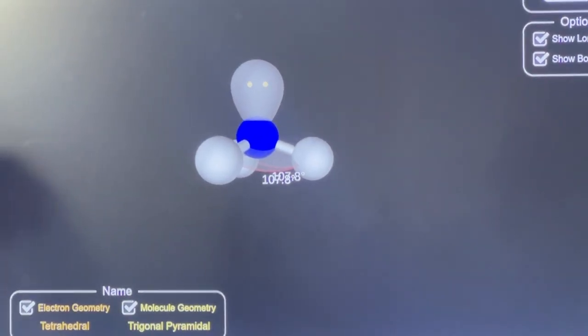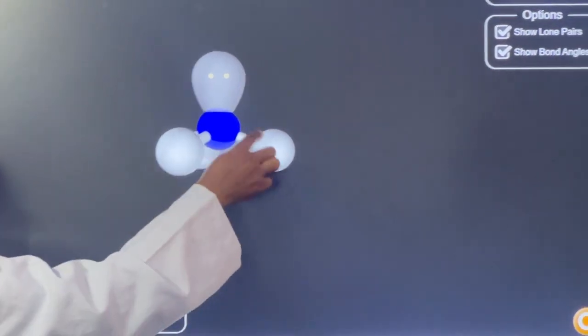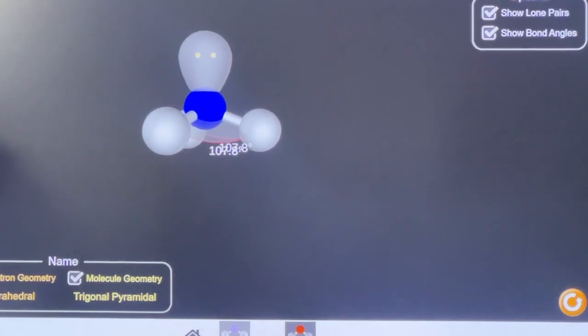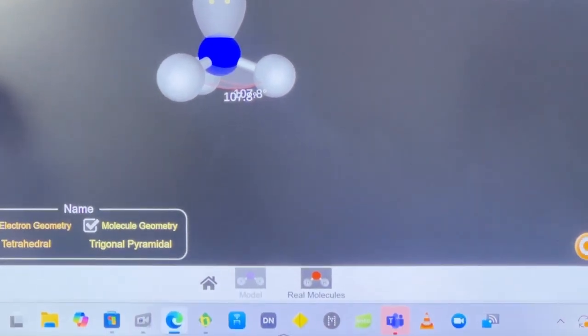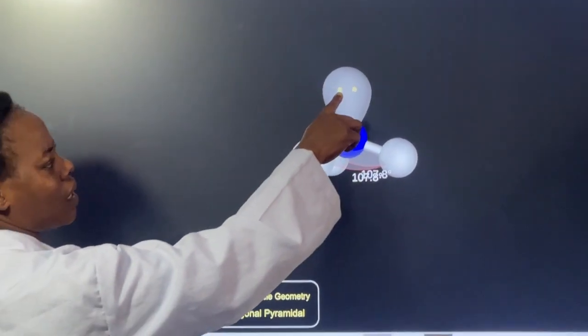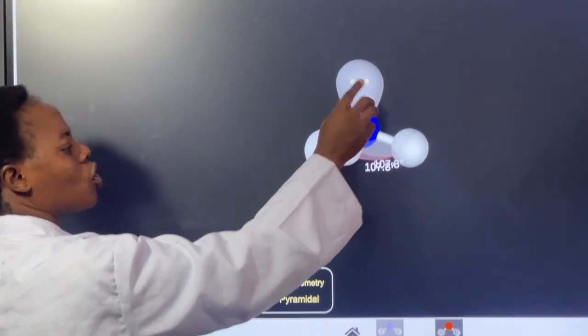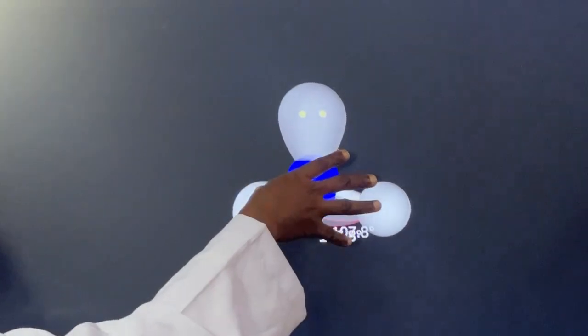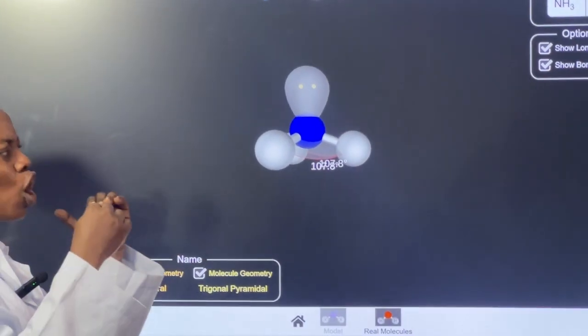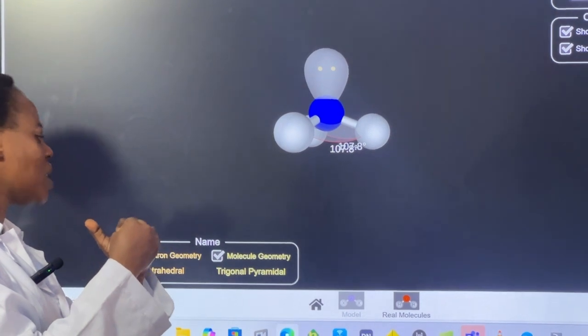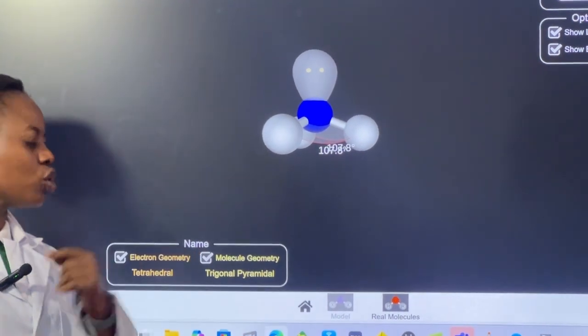And then we have our 3 hydrogen attached to ammonia molecule. But ammonia molecule has what we call a lone pair of electrons. And that is what you're seeing here, the dots, the 2 dots. So we have a lone pair trying to compress those other hydrogen in order for the bond angle to be a bit lower. Let's look at the molecule geometry.